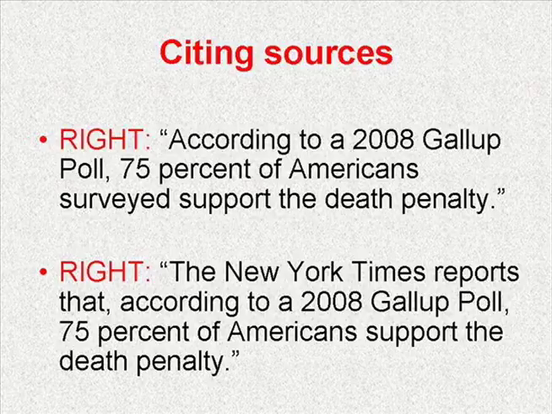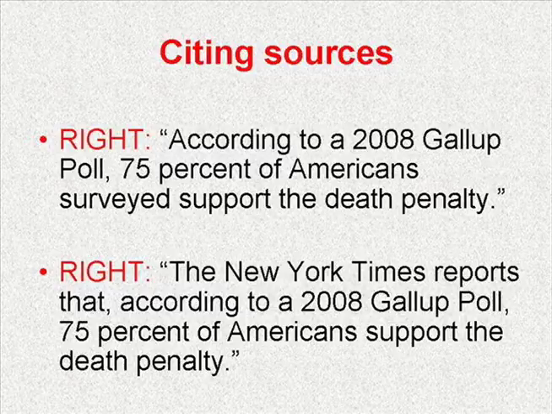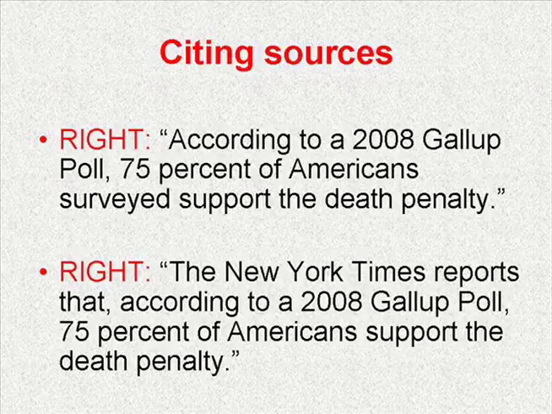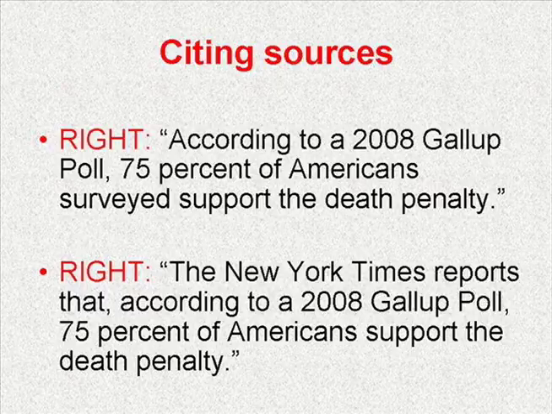So you have the source, the Gallup poll, you have the year 2008, so the audience knows it's relevant, and you also have the source in case people are like, well, I looked on the Gallup poll's website, I didn't see that survey, or I saw that survey in another paper and it said only 50% support the death penalty. This way you're explaining where you saw the information.